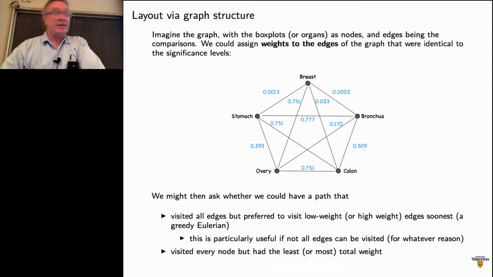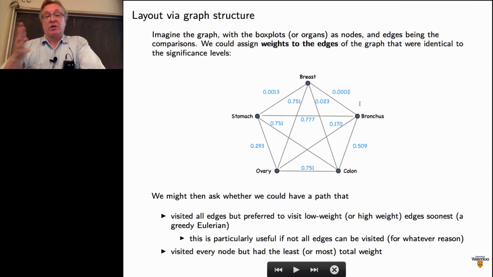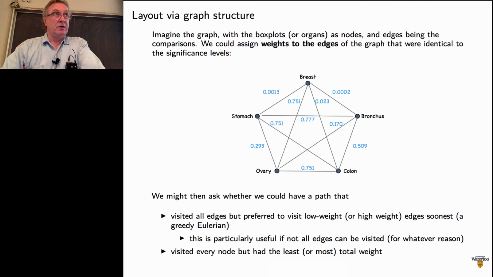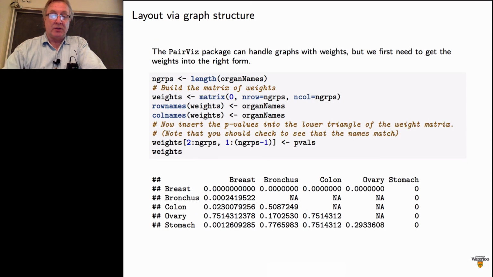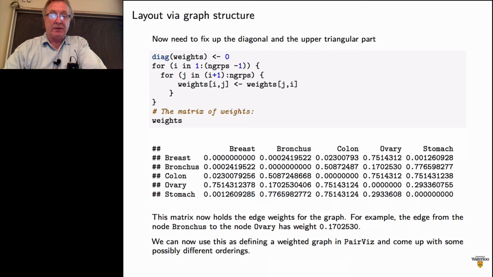Those are edge weights, and now use those to choose some paths as being more interesting than others. Particularly those edges that have small significance levels are the ones where there's the greatest difference between those two organs in terms of survival rate for cancer there. Okay? So those are kind of interesting. So with a little work, we can put those weights on, getting a symmetric matrix of weights.